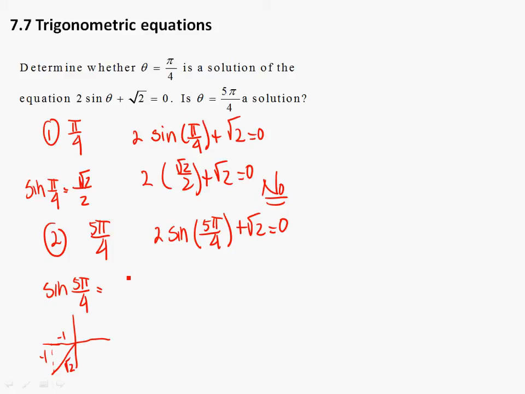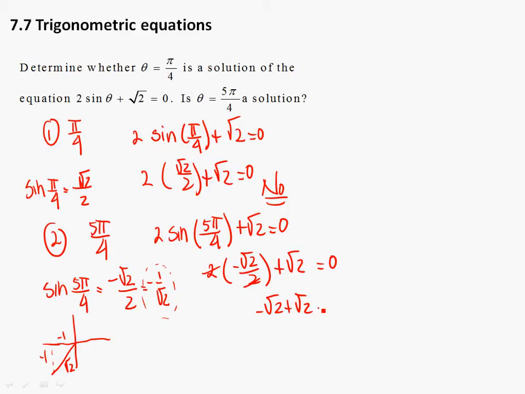So what's the sine of 5 pi over 4? I like this one better, but for this sake, we'll use this one. This 2 cancels that 2, right? So is it true now? Okay.